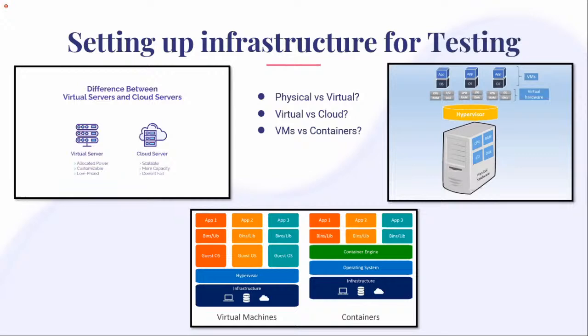Now let's look at a few of the options. What exactly do we want to consider our infrastructure for, right? Be it physical versus virtual. Physical hardware has its own advantage when it comes to a simple solution or when performance is paramount, correct?